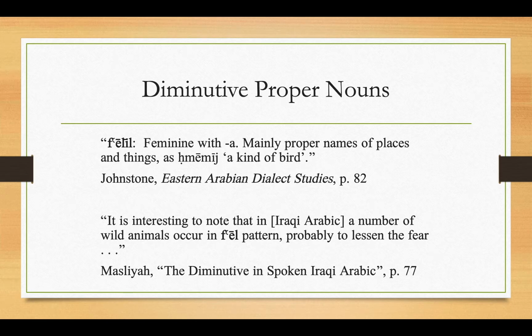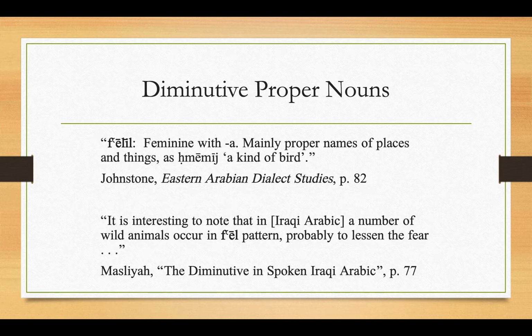Johnston does briefly mention this connection, and also Maslia, in his study of the diminutive in spoken Iraqi Arabic, does point out that there are a number of wild animals that occur in the fu'ail pattern, and he also points out large and courageous tribes that occur with diminutive names.